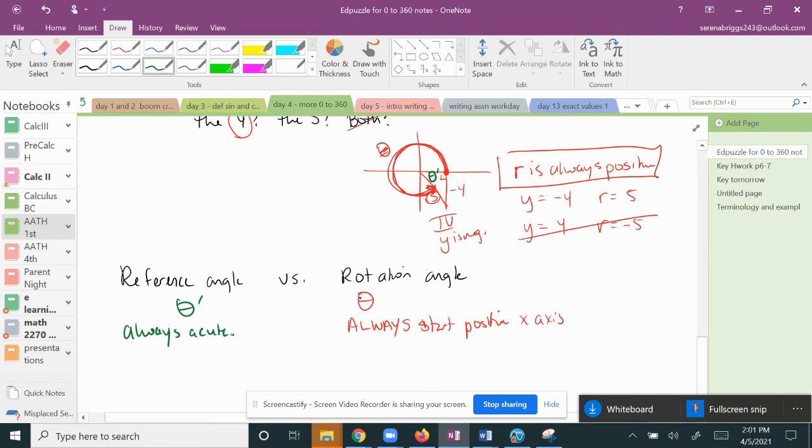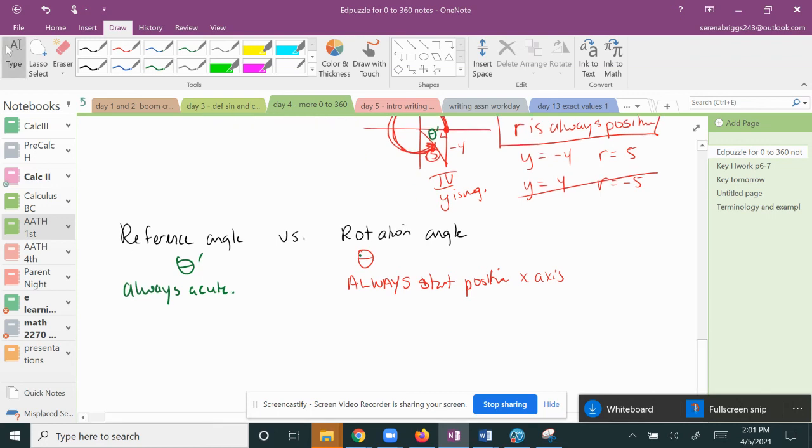They're between 0 and 90. They're acute angles, where rotation angles can definitely be larger than 90. Rotation angles could end in quadrant 2. That's larger than 90. They can end in quadrant 3. That rotation's larger than 90. They can end in quadrant 4. That rotation is larger than 90.